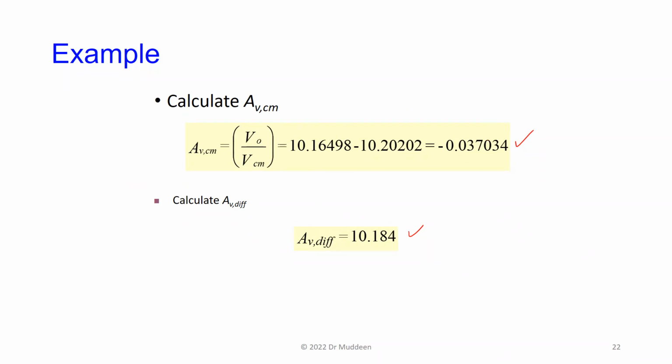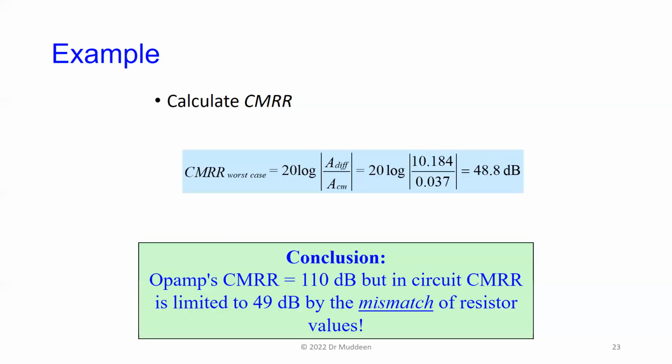So what is the common mode rejection ratio? Remember, that is 20 log 10 of AV diff divided by AV common mode. If you do that and convert it, you get that the common mode rejection ratio in this case is 48.8 dB.